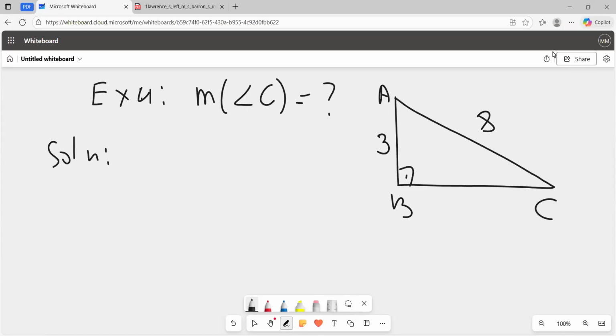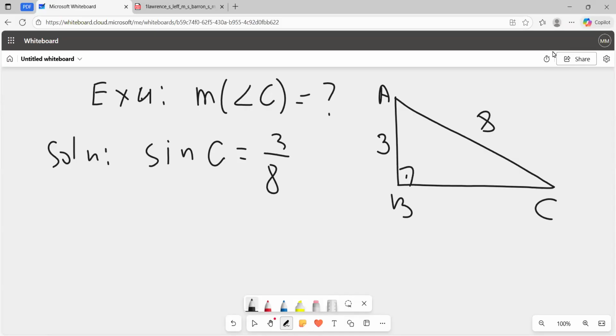In our case, the opposite side and hypotenuse are given. So we can use the definition of sine. I mean, sine of angle C is equal to 3 divided by 8.